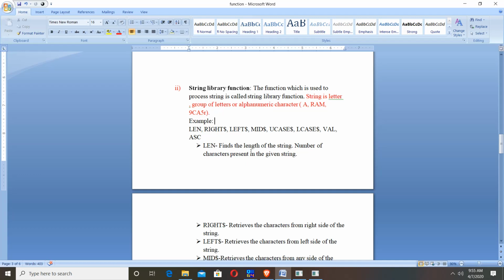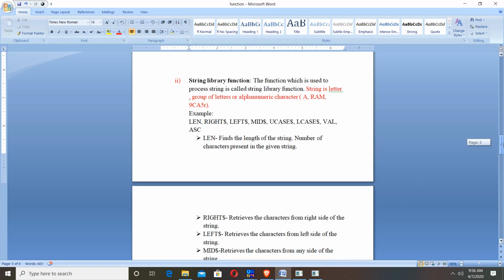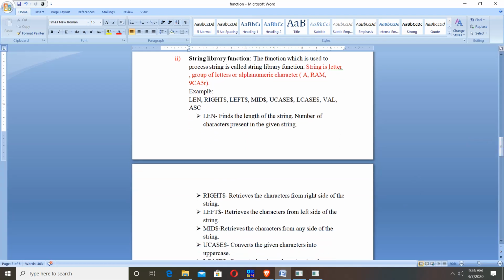Okay, so string library function is used to process strings. Now there are different examples of string library functions, such as LEN, RIGHT$, LEFT$, MID$, UCASE$, similarly LCASE$, VAL, ASC, etc. Now we'll just do each and every string library function in QBASIC.